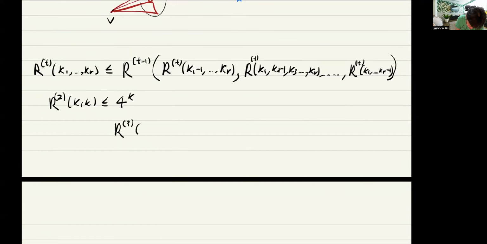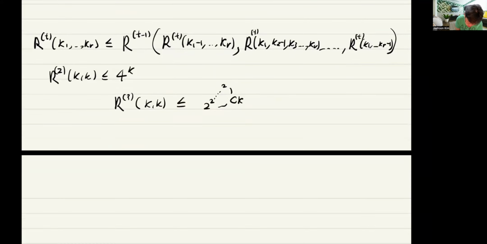What you will see is that the bound you get is like a tower function, and the height is some constant times k.